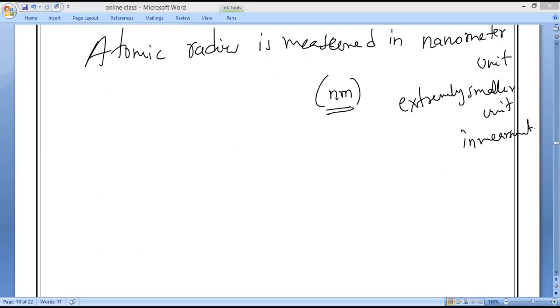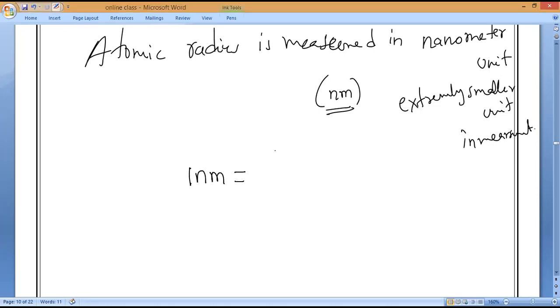So 1 nanometer is equal to 1 by 1 followed by 9 zeros: 3, 6, 7, 8, 9.